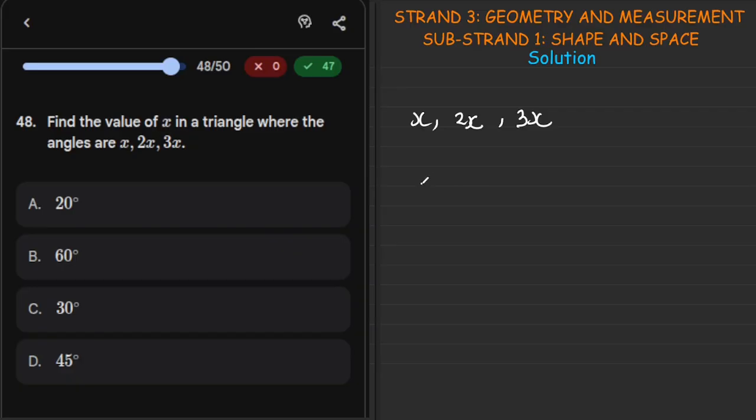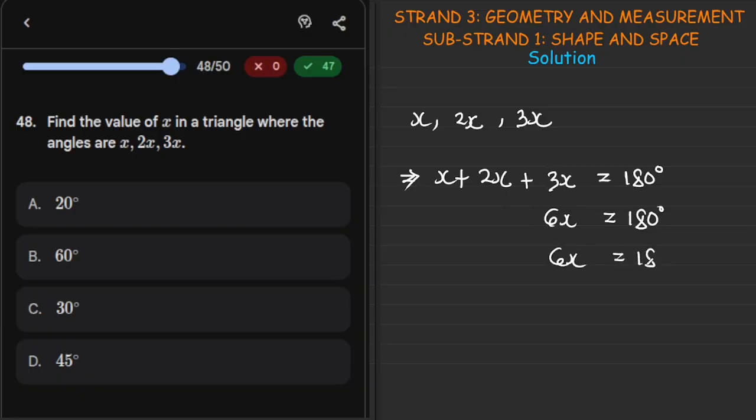So for this case, it simply implies that X plus 2X plus 3X should sum up to 180 degrees. X plus 2X plus 3X gives us 6X. So we have 6X equal to 180 degrees.